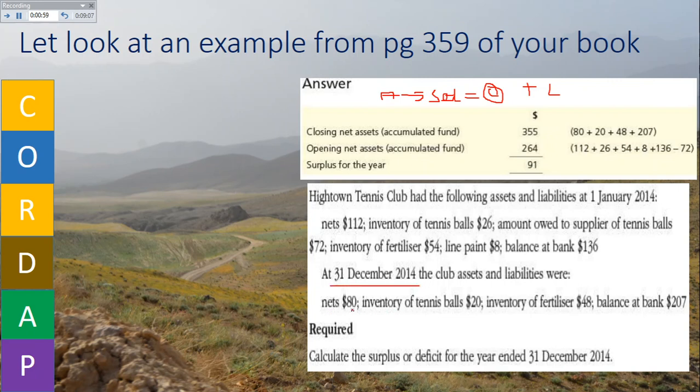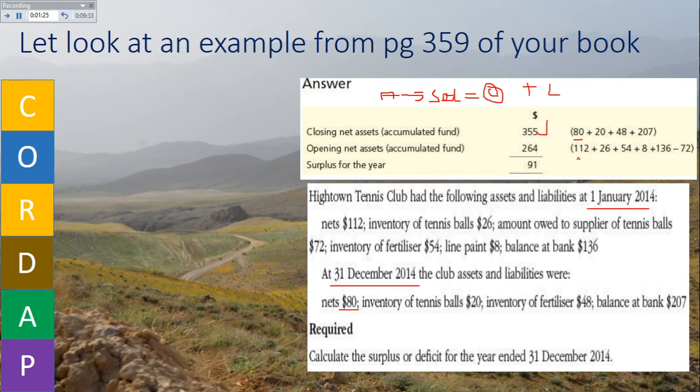Nets is your asset out here. So there's 80, added up there, you can see up here 80. Then there's inventory of tennis balls, that's also your asset, you add 20. Inventory of fertilizers, that's your asset, you add. And bank balance is also an asset, 207, you add this. Now you are supposed to deduct liabilities, but there are no liabilities in the question, so your closing net assets is 355. In a similar manner, we go to the opening date.